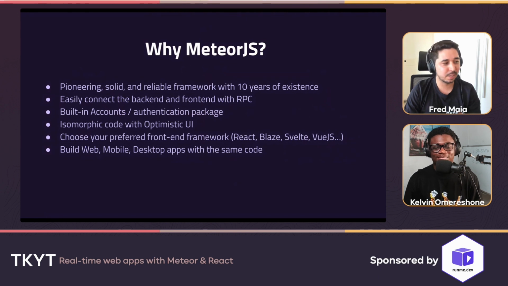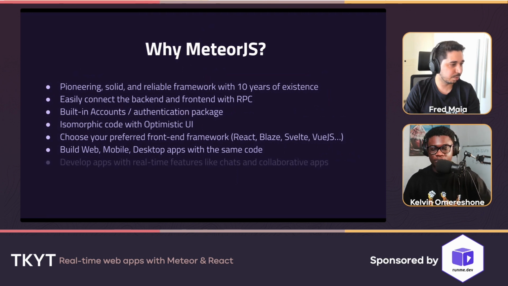But we're talking about switching to Capacitor because I think it's a natural evolution of Cordova. And on desktop, we have a community package that you can integrate easily with Electron. That's also something really interesting about Meteor.